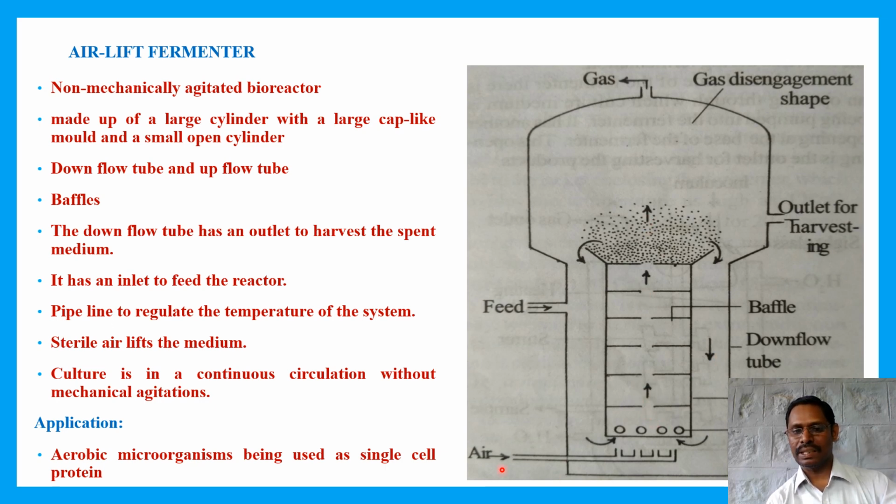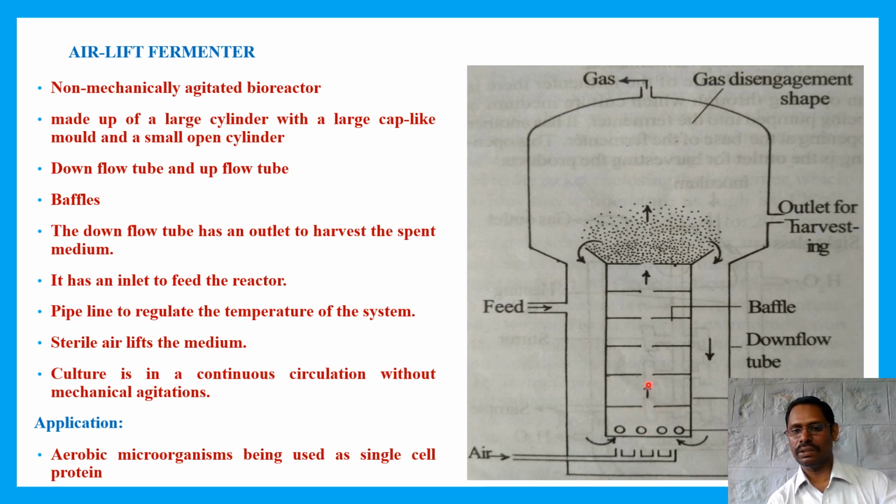Here the sterile air is pumped at the bottom of the fermenter. Through the force of air, the medium is pumped into the inner tube, which is known as the upflow tube. There are several spargers. Spargers are nothing but small openings. Here there are several baffles.